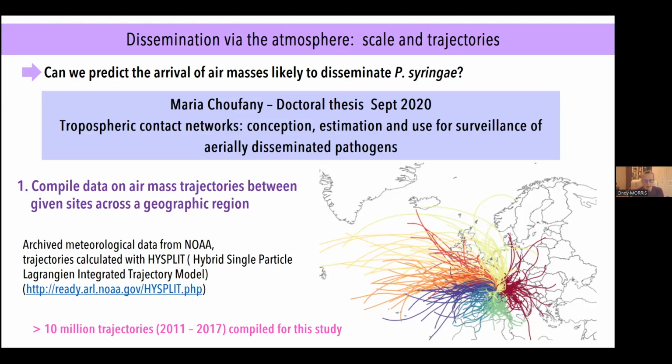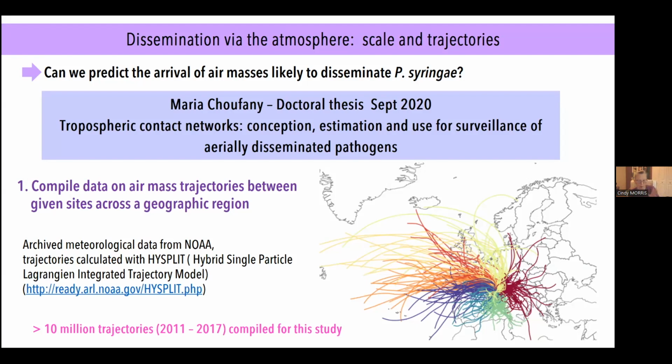So we had a doctoral student in 2020, Maria Shufeni, and we tried to see if we could calculate the reliability of these atmospheric networks, whether there were any patterns in them. So the first thing she did, and these are statisticians, these are not biologists who can do this, all right? She compiled data on air mass trajectories between given sites across a geographic region.